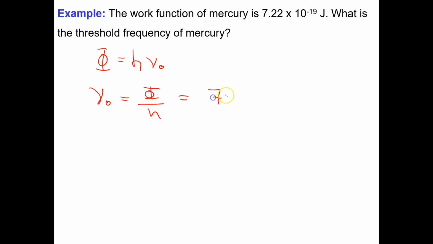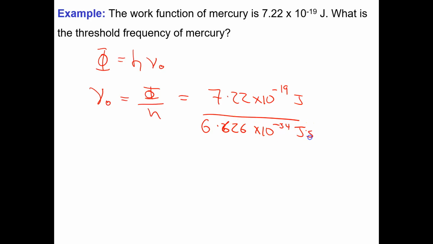So now we're just going to carefully put our numbers in, including our units, and then we'll do the math. Now, frequencies are typically around about 10 to the 14 or so.